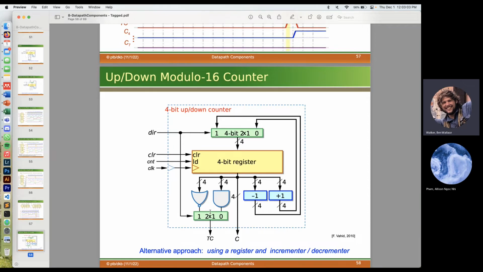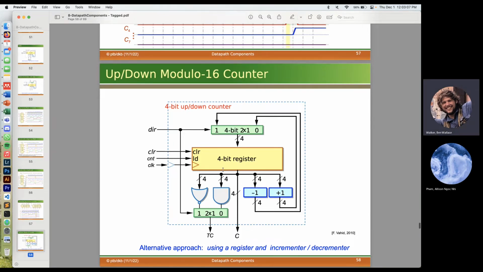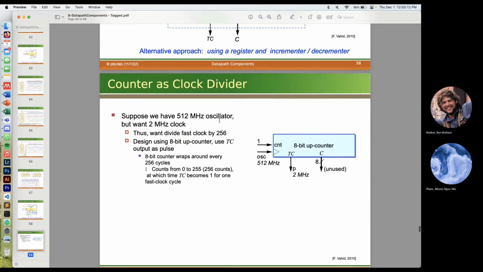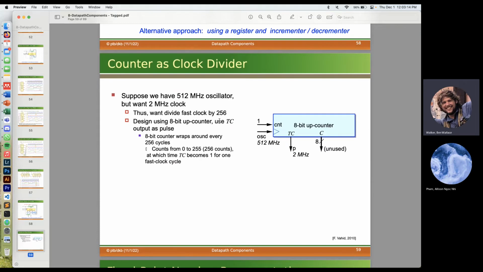Okay, if we use a direction bit, we can actually mux our outputs and determine whether we're counting up or counting down. And as I mentioned previously, we can use this for clock division. So if we have, once again, 2-bit divisors, we can divide our clock into lower frequencies.